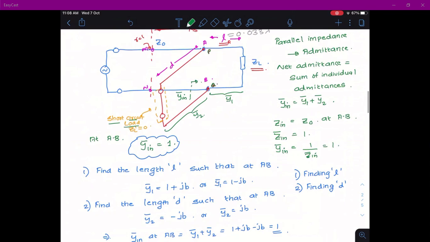Now you are at the point PQ and you need to traverse towards the load to find the distance to the short circuit. This is towards load ZL dash, because now you are at point PQ and you want to traverse towards the load to find ZL dash.